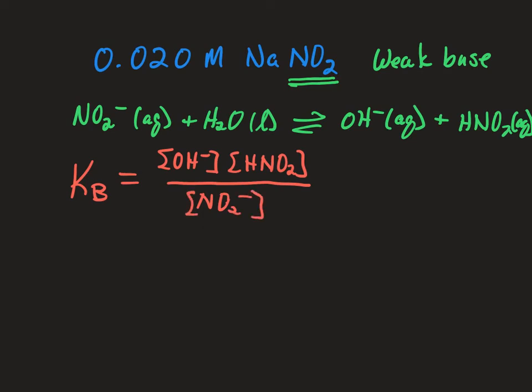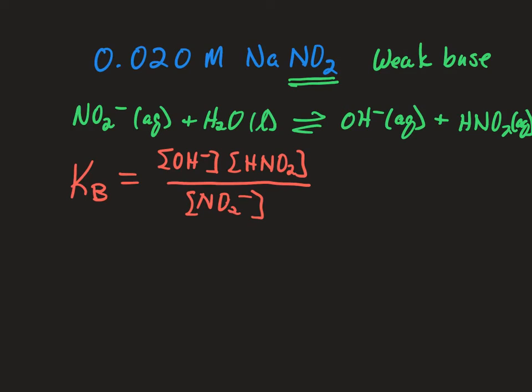That is an expression of our Kb. The problem is we don't know what that number is. Since nitrous acid is a common acid, we can find the Ka, but how does that relate to the Kb?